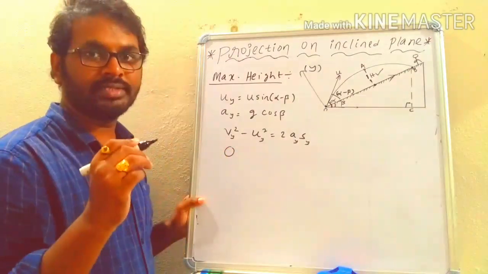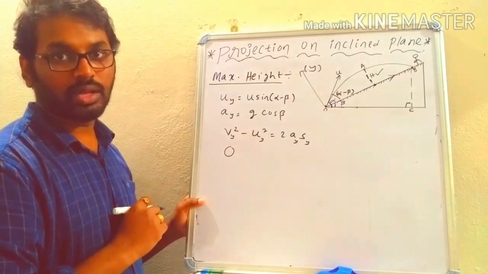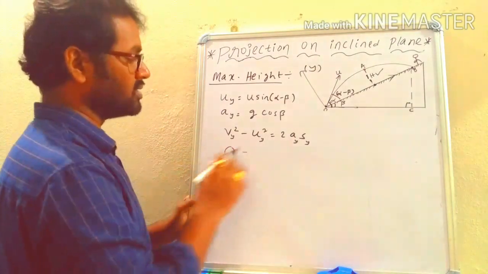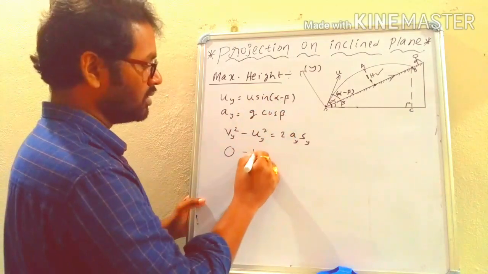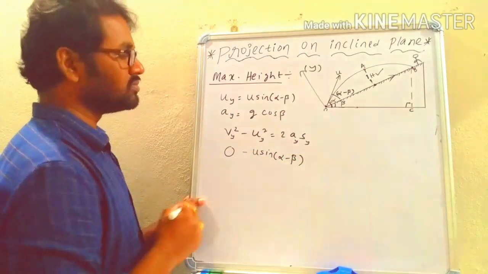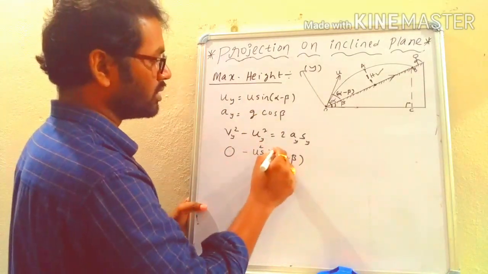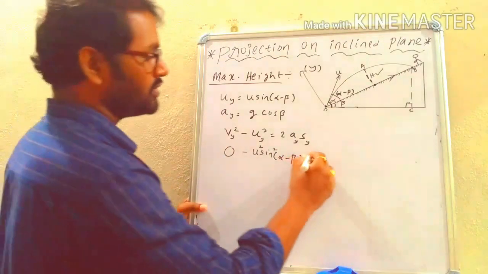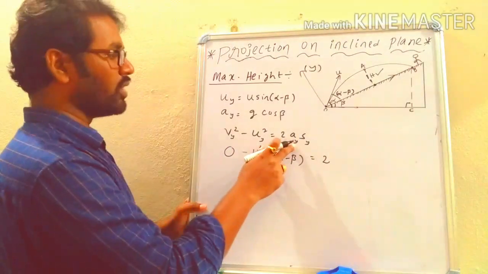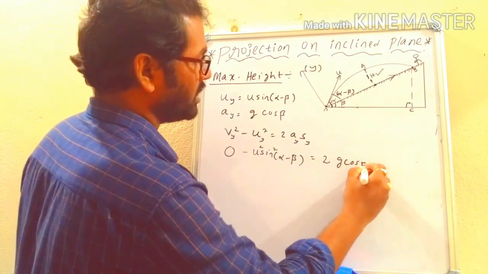At the highest point, velocity along the vertical direction is 0. So 0 minus uy square, where uy is u sine of alpha minus beta, so u square sine square, is equal to 2 into, what is ay? Yes, it is g cos beta.